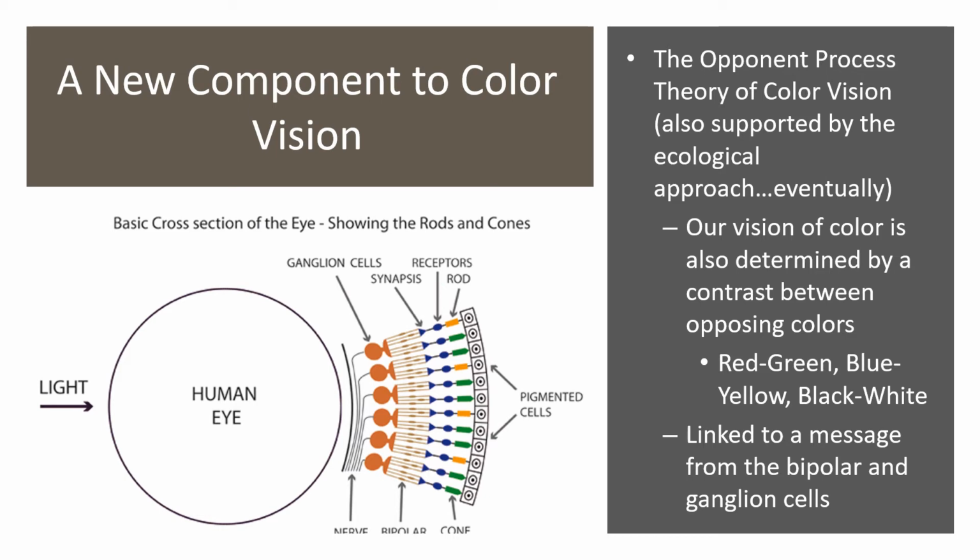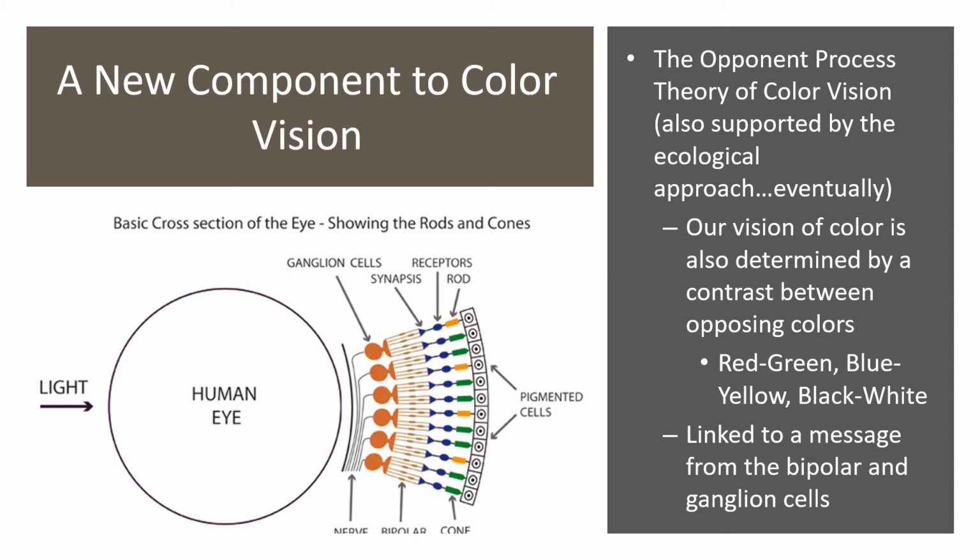And if we're trying to tie this back to whether or not this is an ecological thing or a constructivist thing, understand that this also seems to be evidence for the ecological approach, because again, our brain is just taking a signal coming from the eyes, breaking it down into something that we can make better sense of.